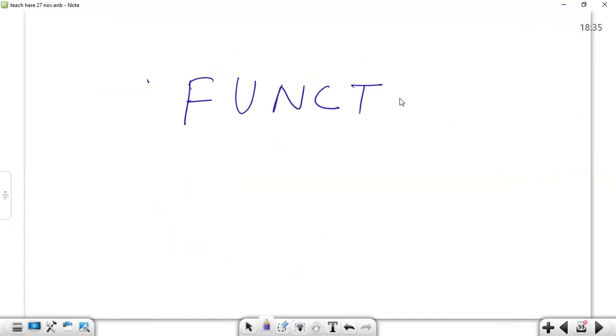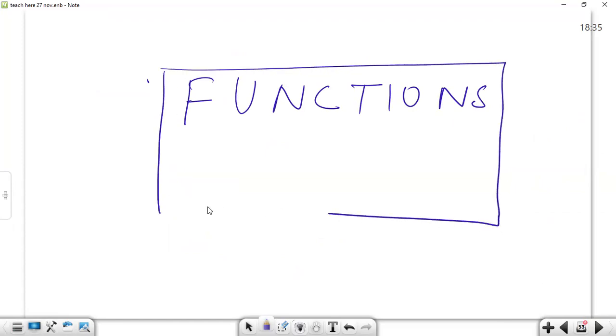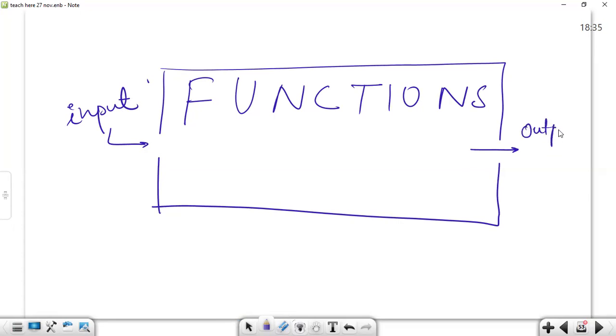If you give any input to the machine, it will provide you a specific output every time.